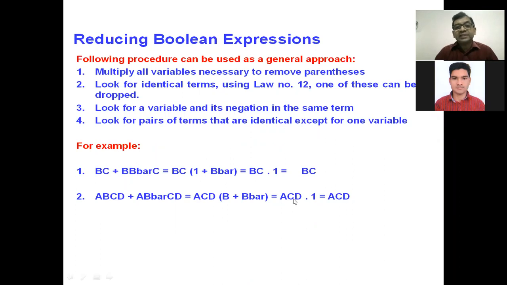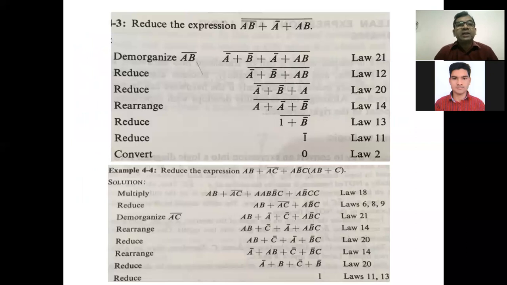So ACD dot 1 is equal to ACD. So this ABCD plus AB bar CD can be reduced to ACD by using various laws of Boolean algebra.